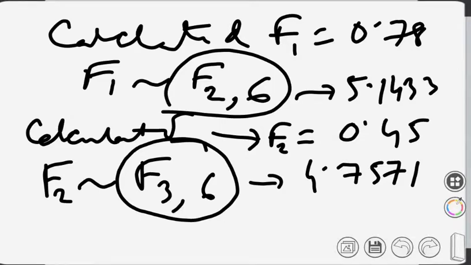So what does that mean? Both null hypotheses will be accepted. That means there is no significant difference or no significant variation due to the plots.